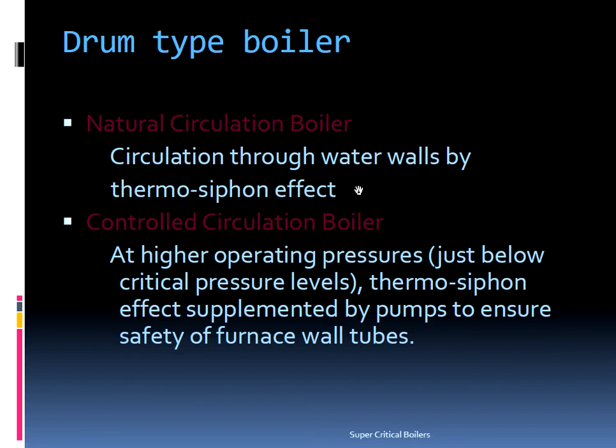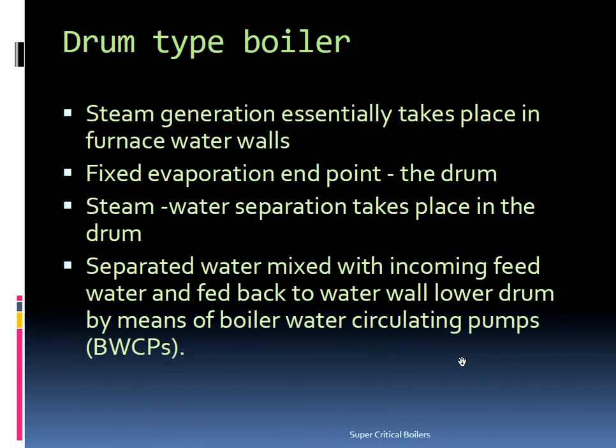The circulation through water walls is by thermosiphon effect. The controlled circulation boiler is a high operating boiler, where the pressure is kept below the critical pressure levels. Thermosiphon effect is also supplemented by pumps to ensure the safety of the furnace wall tubes. This is again drum type boiler.